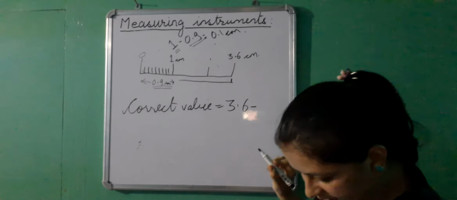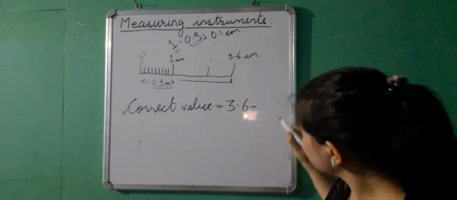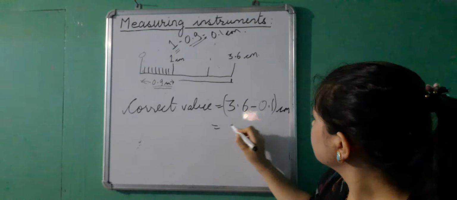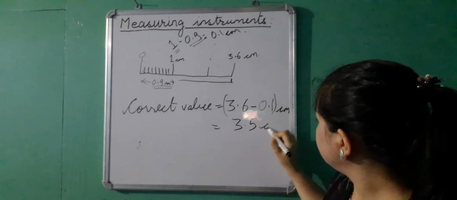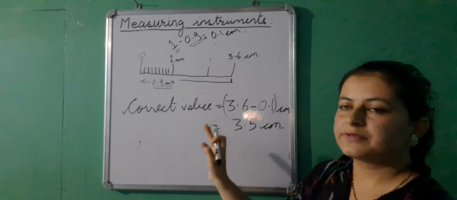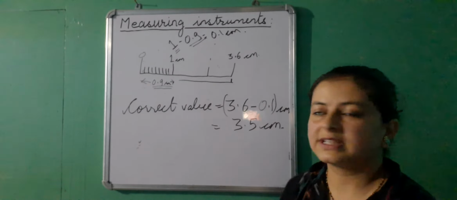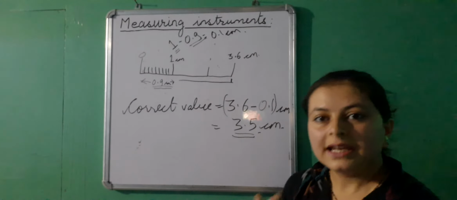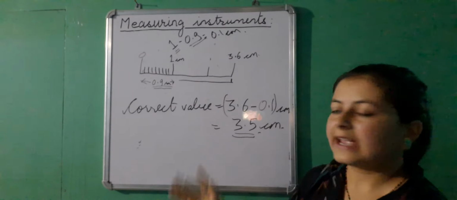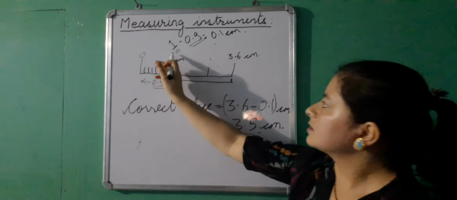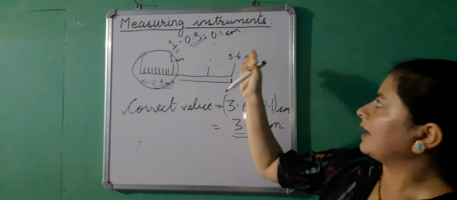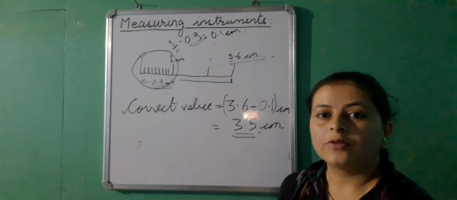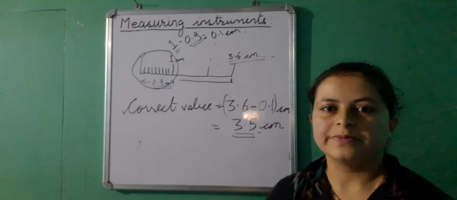So 3.6 minus 0.1 centimeter, which is 3.5 centimeter. So the actual or correct value for the length of the object that I have measured using this faulty scale is only 3.5 centimeter, where I luckily observed that there is an error in the instrument and I could get the correct value. If I was not able to observe this error, then I would have taken the wrong value only. So this is how we correct errors in any instrument.